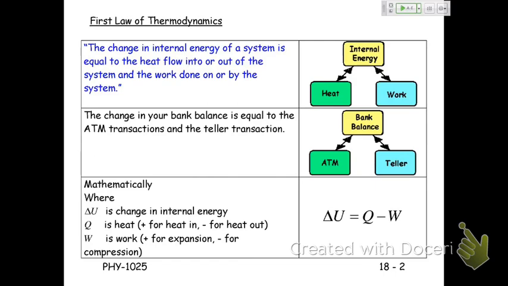So we say the change in internal energy of a system, an object, is equal to the heat flow into or out of the system and the work done on or by the system. And so you can get these weird situations where I can have a canister full of gas, and I can put a Bunsen burner on it, and I can have the temperature of the gas decreasing.